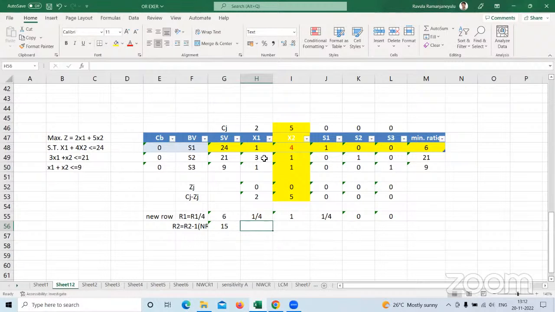Then 3 minus 1 into 1 by 4, that is 12 minus 1, 11 by 4.